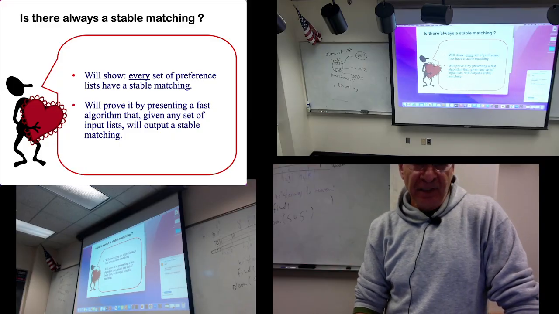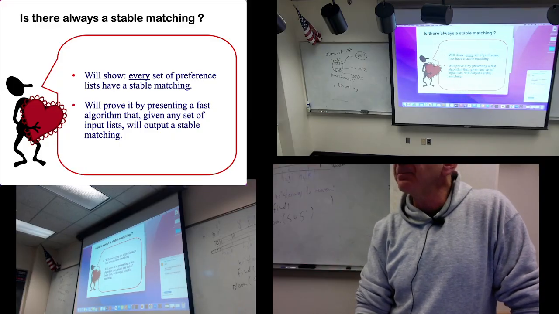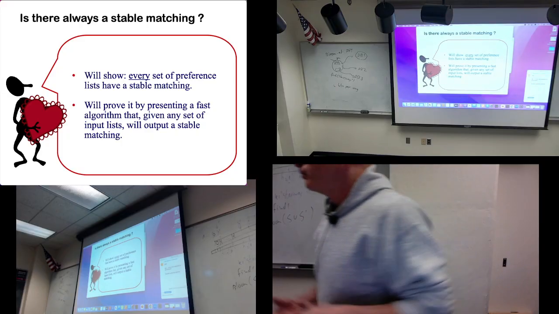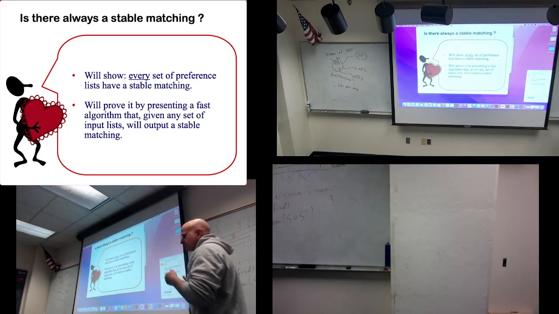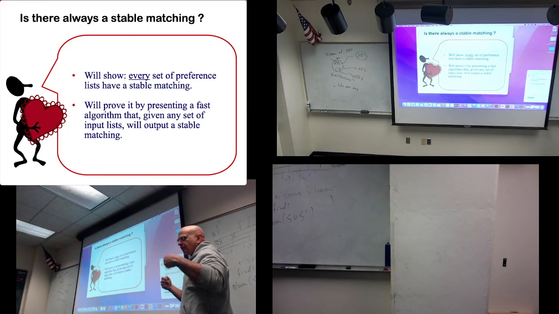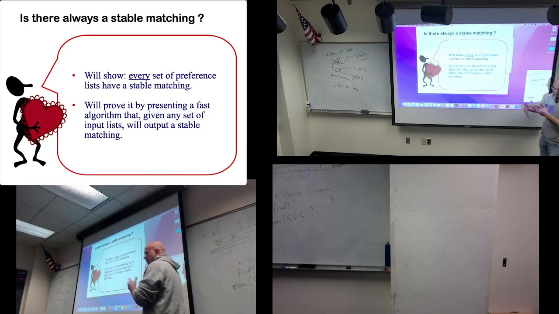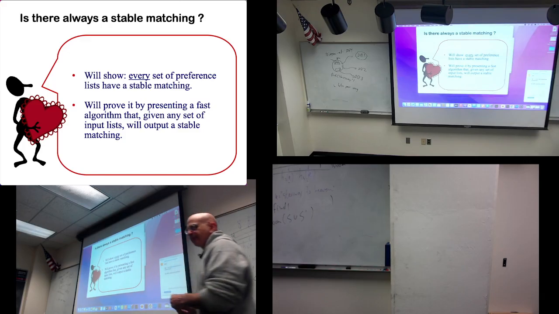Okay. So what we'll show is that no matter what the preference list is, what do I mean? The different preference lists, meaning two males might rank the same females in different order, each one with his preference list, and the same goes for two females ranking the males in different ways.